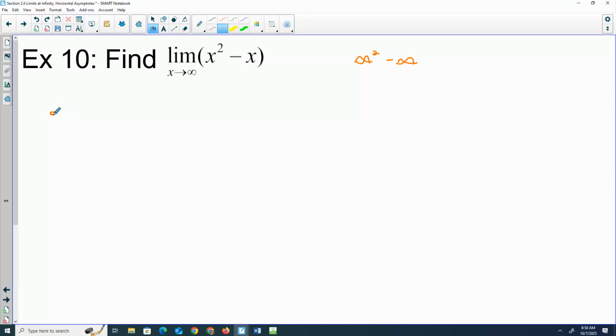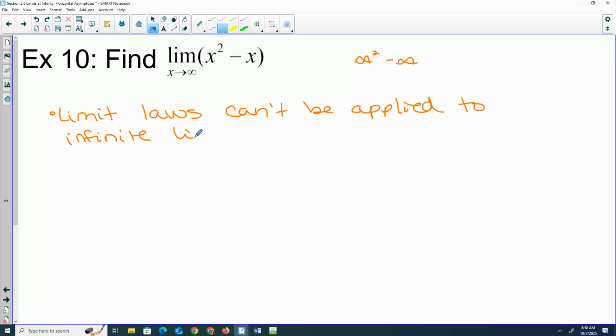So, in general, limit laws can't be applied to our infinite limits. I can't just say I'm going to do the limit of each piece and subtract them. However, algebra still works.